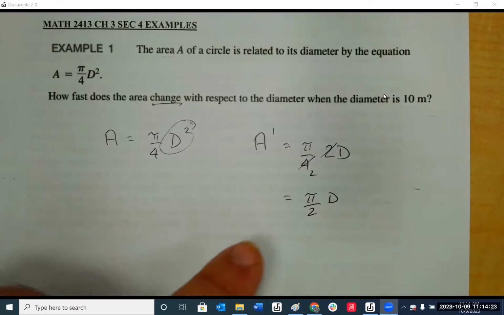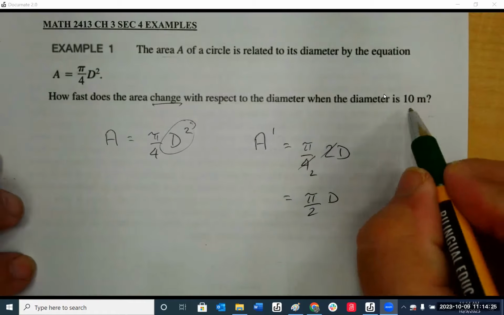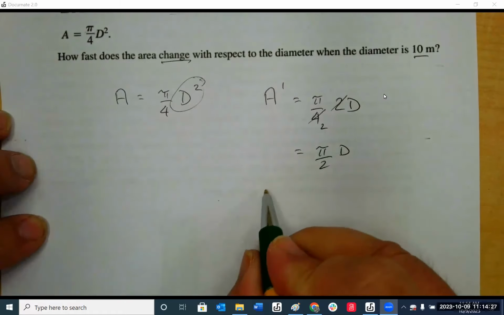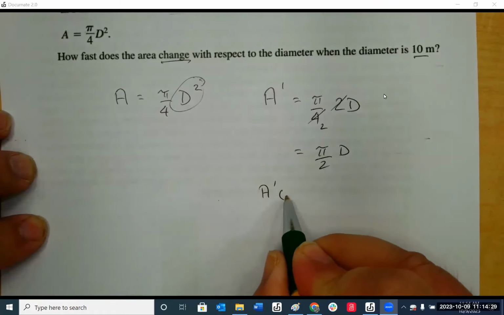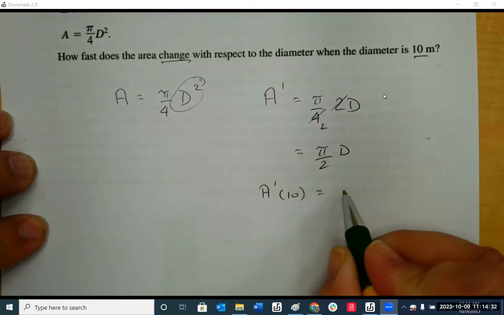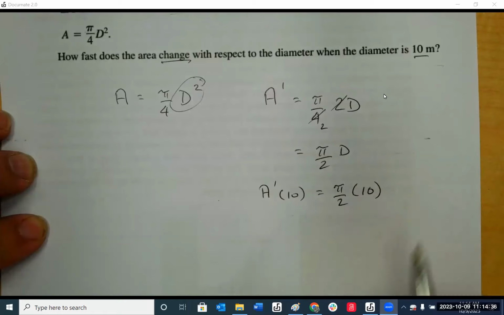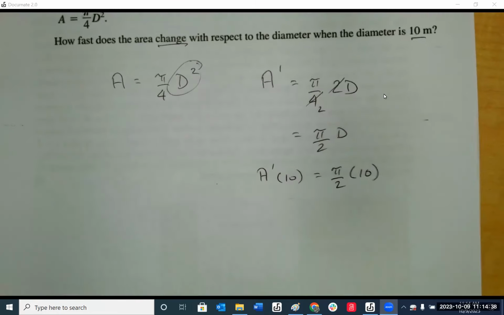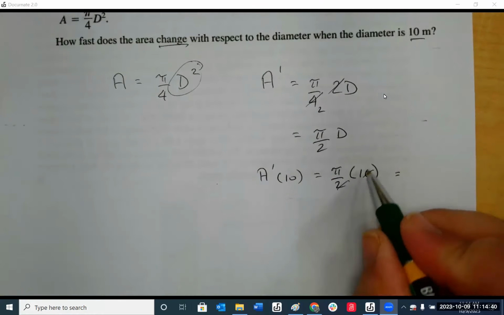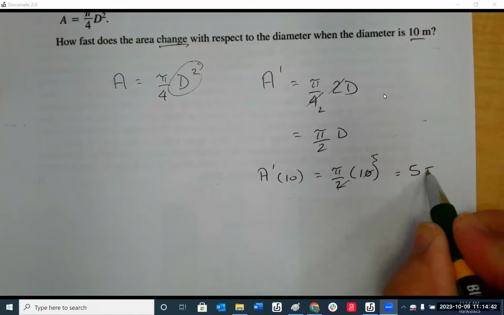So when the diameter is 10, A prime of 10 is 5 pi.